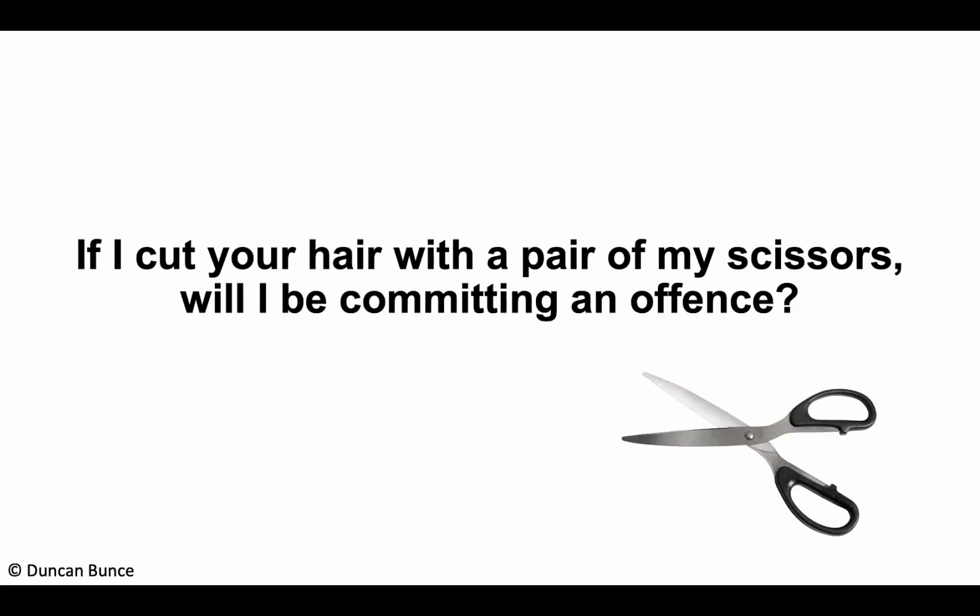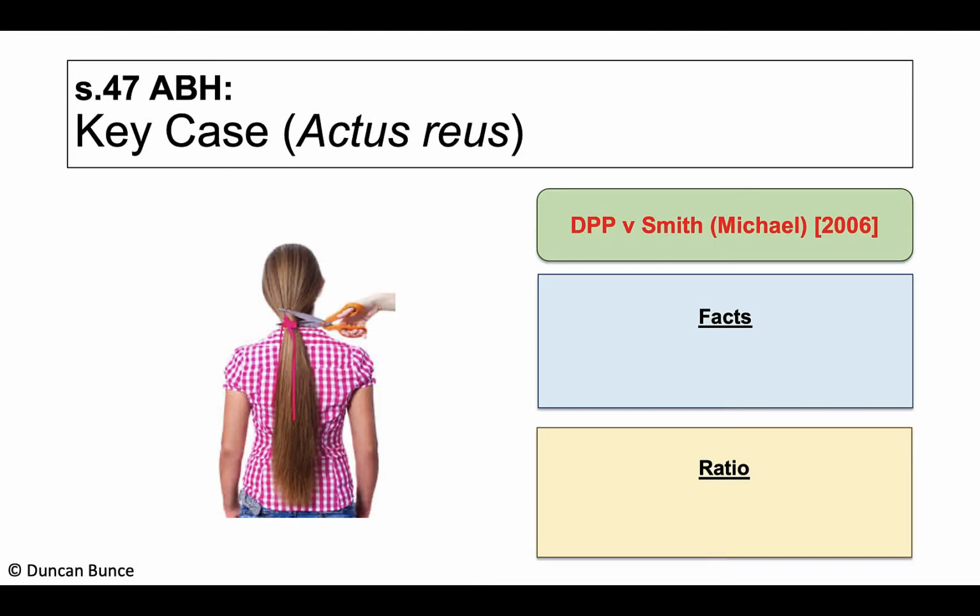So, if I cut your hair with a pair of my scissors, will I be committing an offence? And, of course, helpfully, there's a case that answers this. Again, whilst we're looking for the actus reus of ABH, I would make that the Miller case and outline that test that we described about anything that affects the victim's health or comfort.